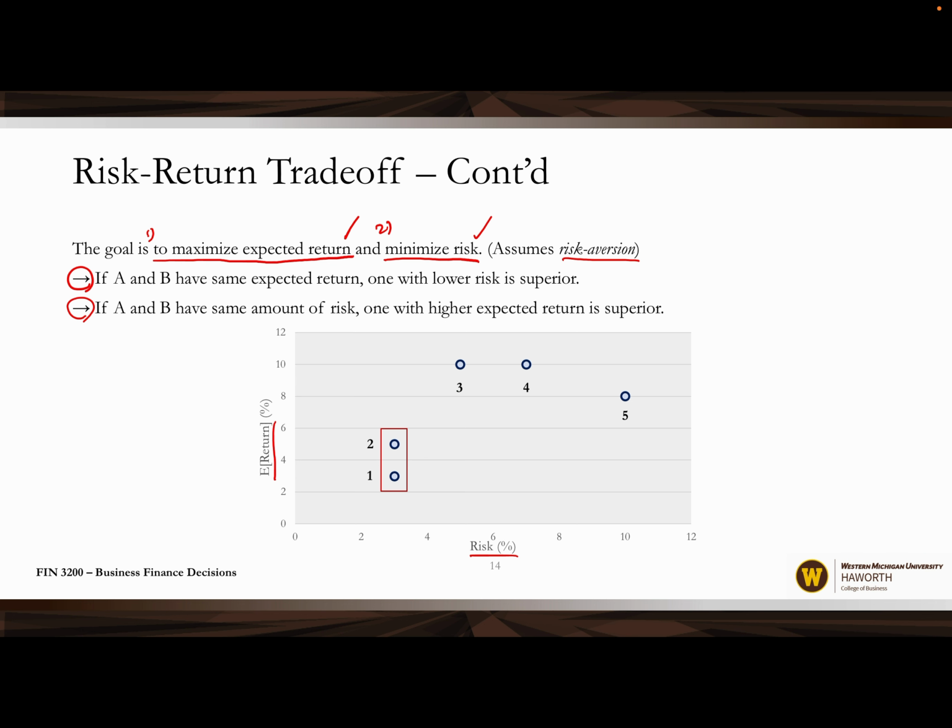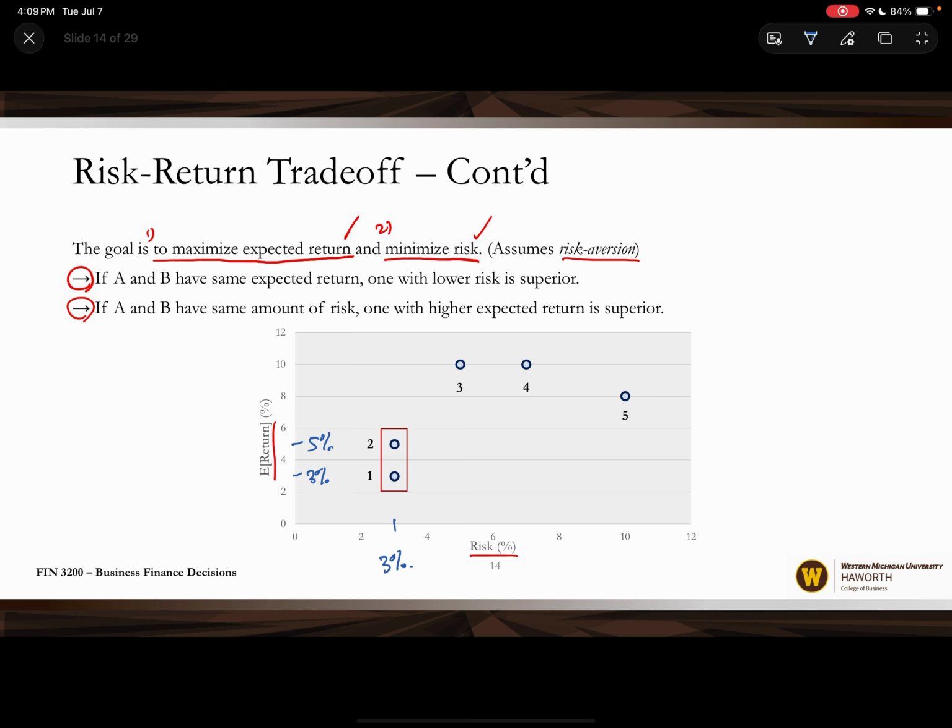If we compare 1 and 2, which one is better? Try to answer it yourself, and I'll tell you. Based on this decision rule, this falls under this category. 1 and 2 both have a 3% risk, 3% volatility. 1 has a 3% expected return, 2 has a 5% expected return.